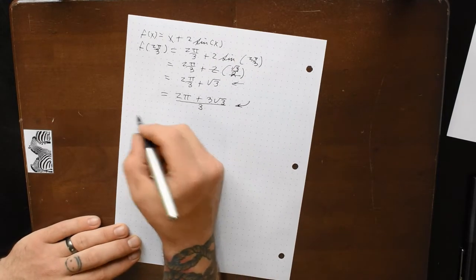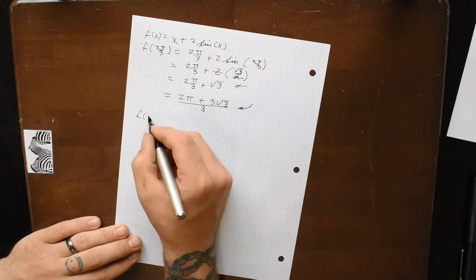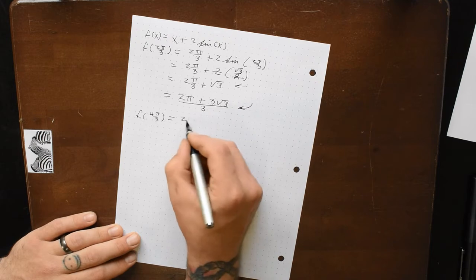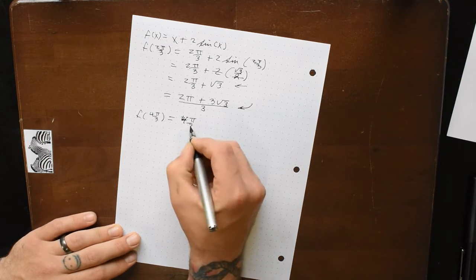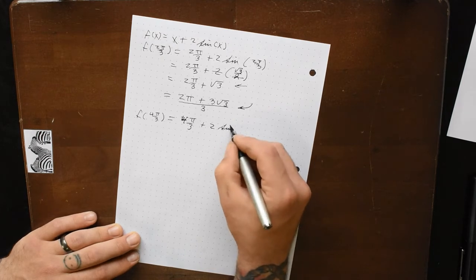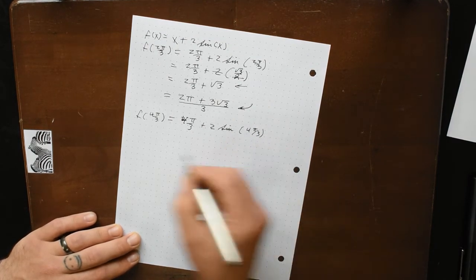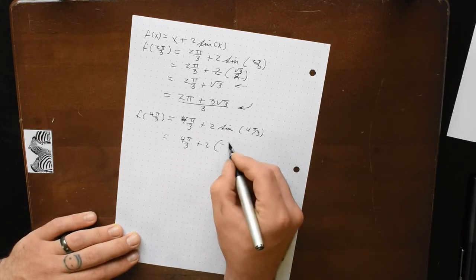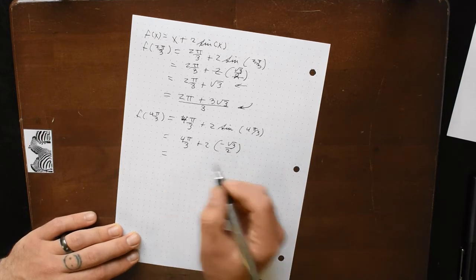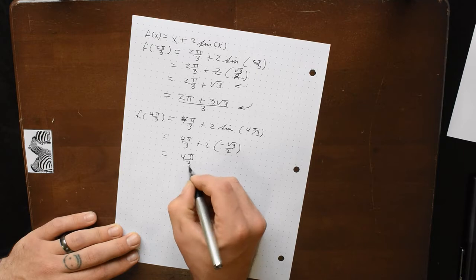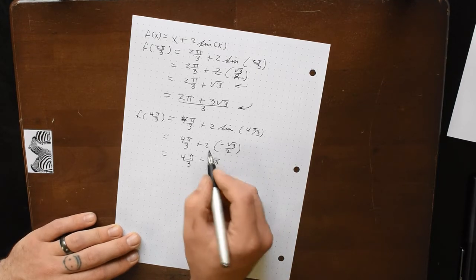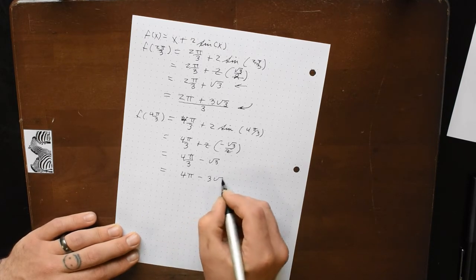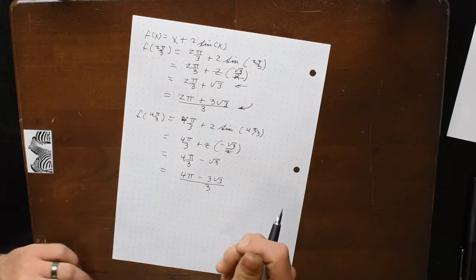The next thing we do is we want to figure out what f of 4 pi thirds is. And that's going to be equal to 4 pi thirds plus 2 times the sine of 4 pi thirds, which is 4 pi thirds plus 2 times a negative root 3 on 2, which is equal to 4 pi thirds minus root 3, because these 2's will cancel, and once again by that same force of nature, 4 pi minus 3 root 3 all divided by 3.